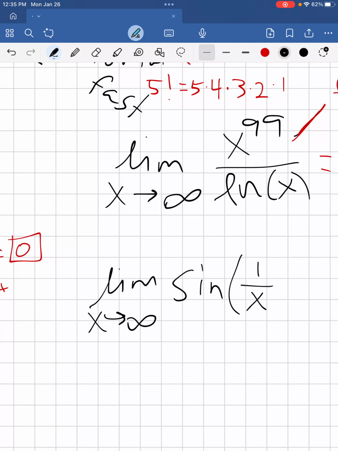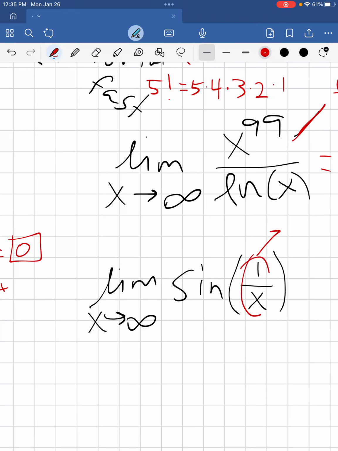So to kind of drive home this idea of using intuition, if x is approaching infinity, then imagine that I'm plugging in a very big positive number for x. Well, what's that going to affect first? It's going to affect the 1 over x. Because if x is a very large positive number, then that means that 1 over x is approaching 0.